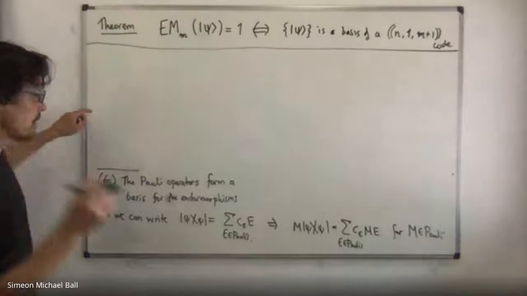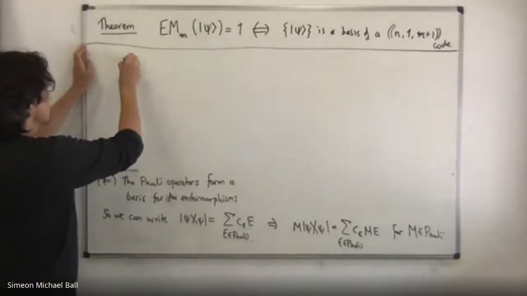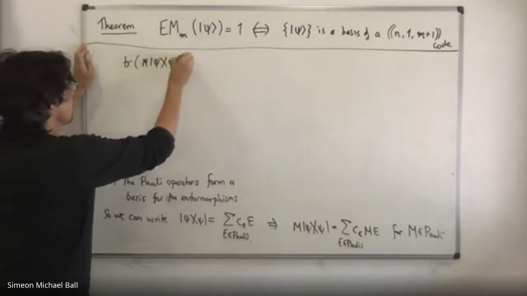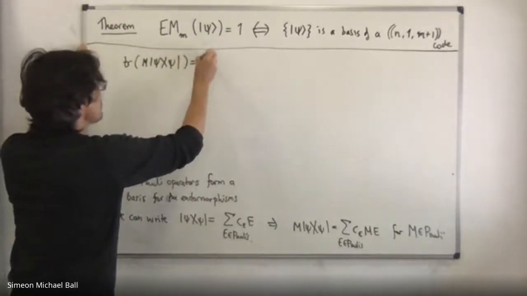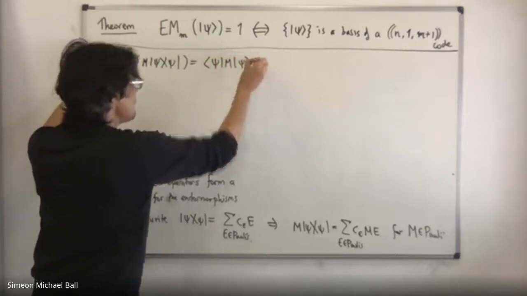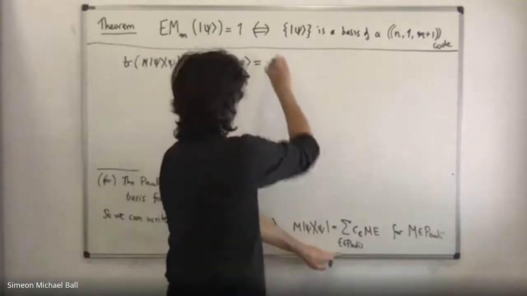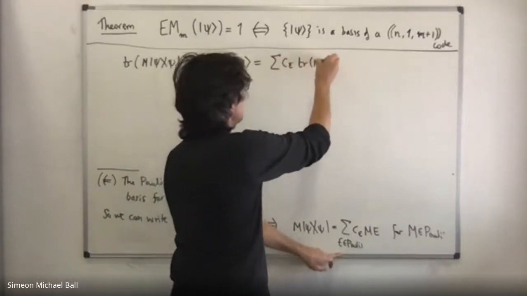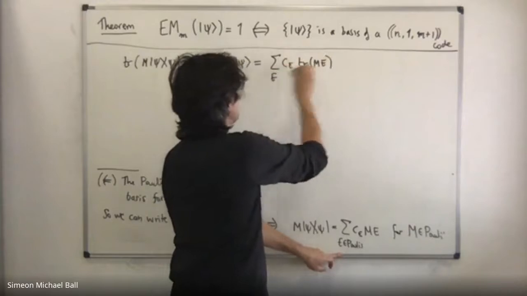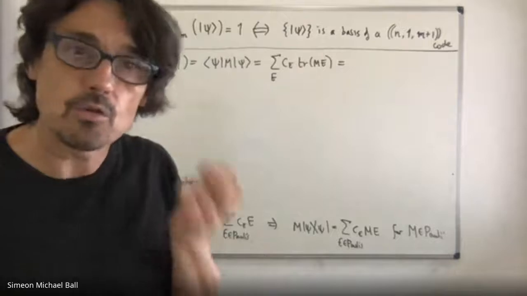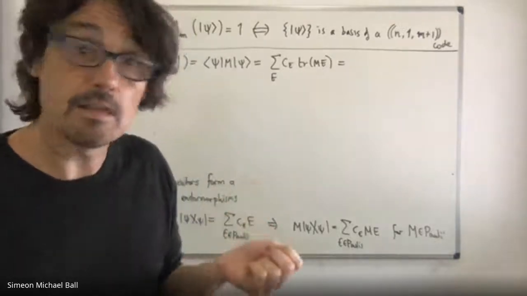Right, so now we take the trace. So the trace of M psi M, which as we just saw before is just equal to psi M psi, is equal to, and here we get the sum of C_E trace M E. But these traces, as we've noted before, the trace of all the Pauli powers is always 0 unless it's the identity.